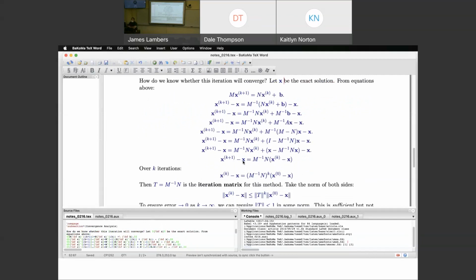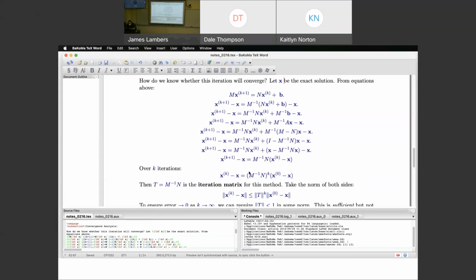So we have a clear relationship of consecutive errors. So more generally, if this is the error in the initial guess, then the error after k iterations is just multiplying that initial error by M inverse N k times.